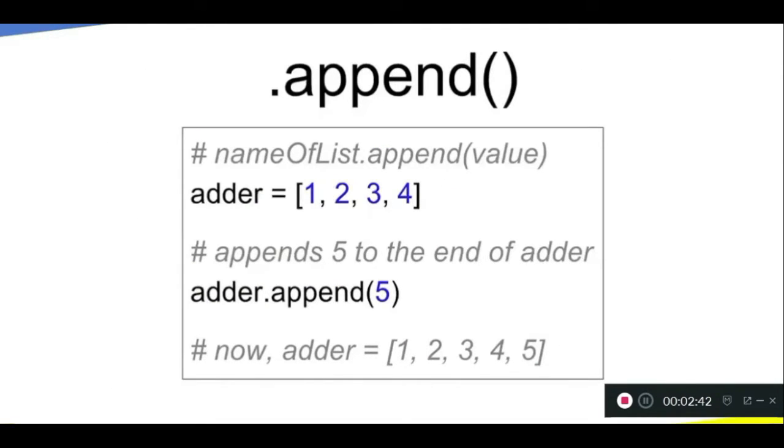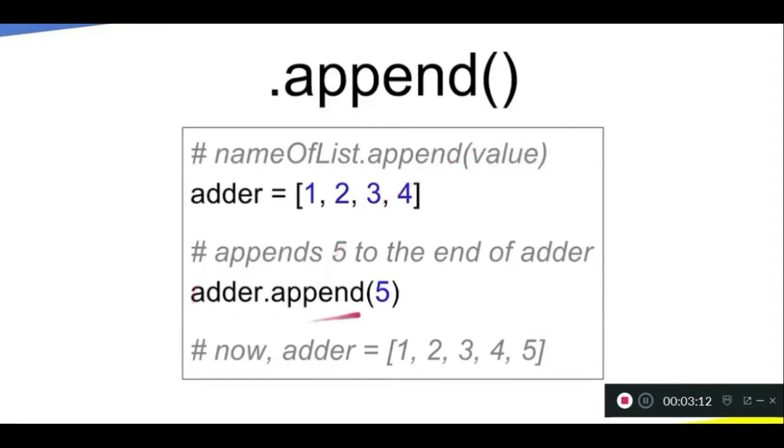Now using the append method. The append method is used to add an element to the list. This would add only one element to the list. Like you have a list named adder: 1 2 3 4. If we want to append 5, we will first add the name of the list, then append, and in the parentheses we would have the element that we want to add to the list.